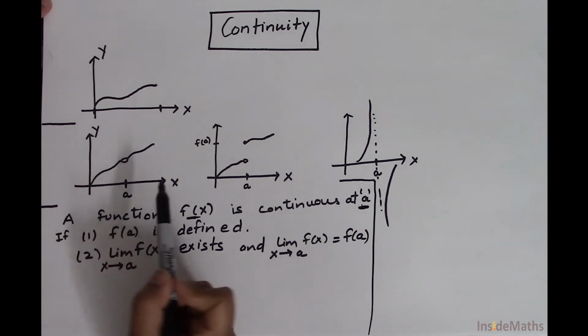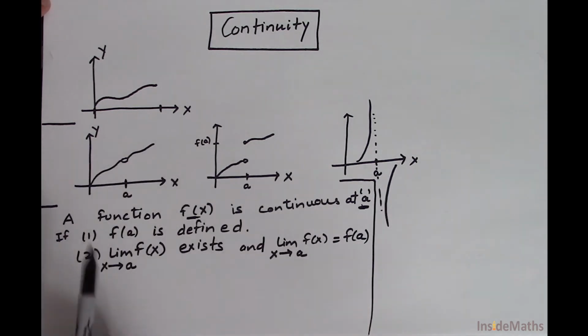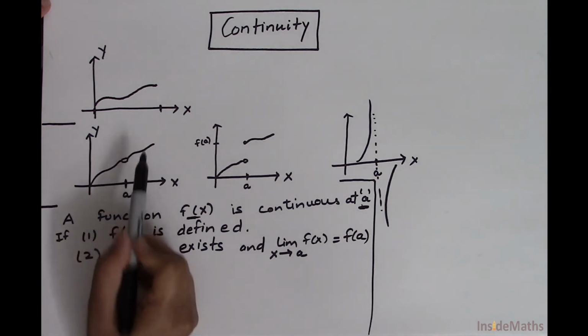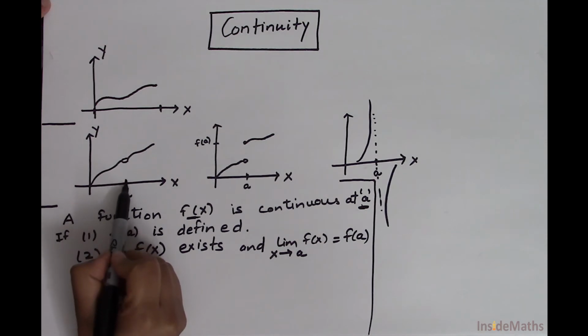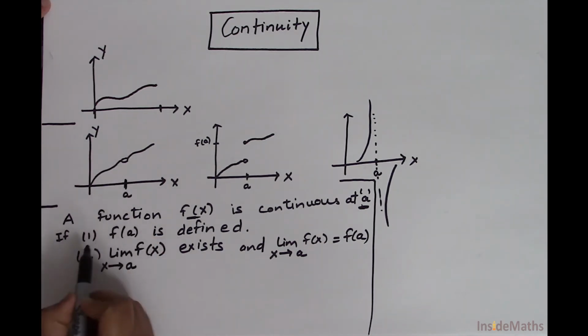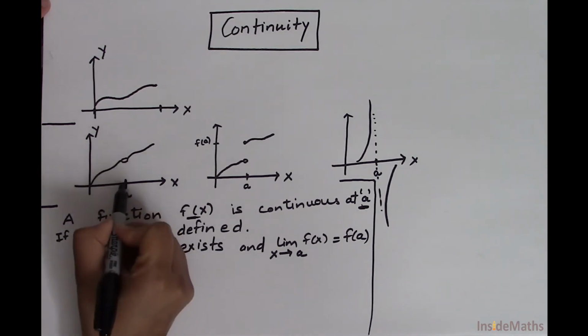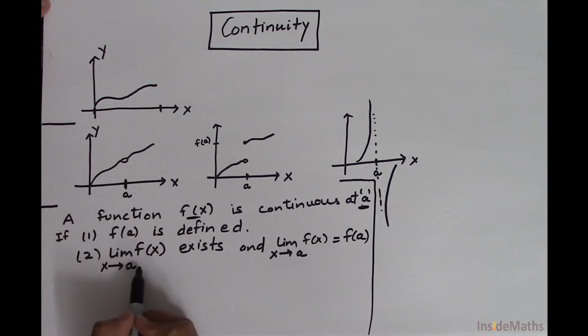Now let's see why these functions are not continuous according to this definition. So in this case, at the point A, the function is not defined. So what does the first condition say? The function must be defined. Now in this case, this function is not defined at A, but the limit exists.